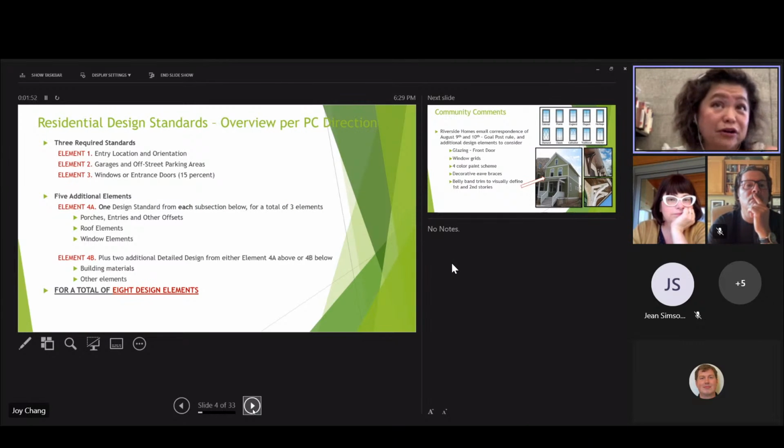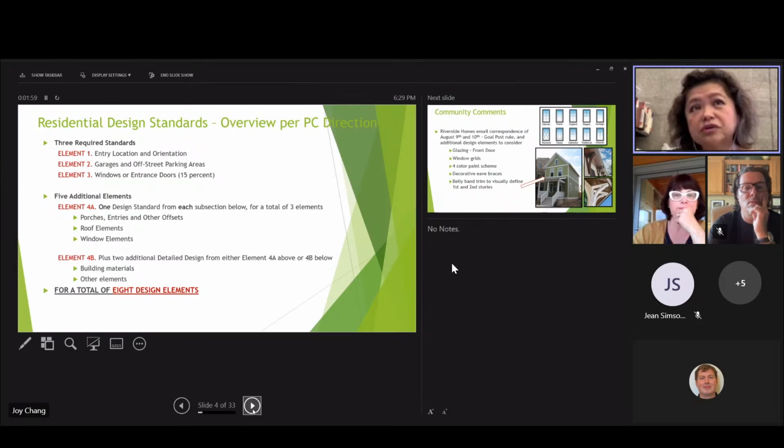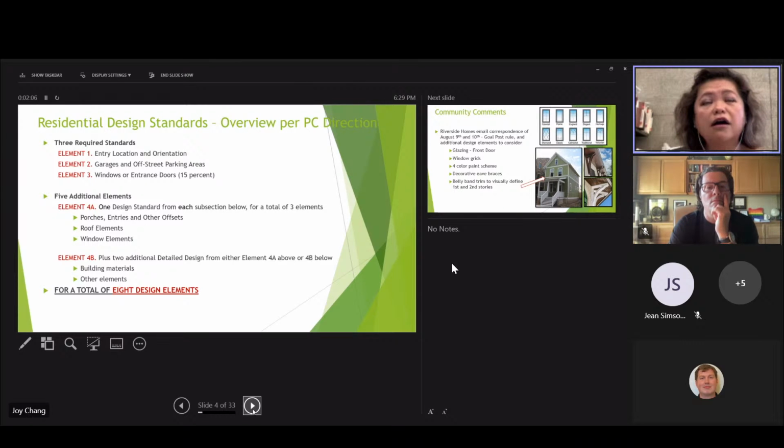So as you can see here, the way that it is currently laid out, there are 3 required elements, elements 1, 2, and 3: entry location, garage and off-street parking, and window or entrance doors. Then there's 5 additional elements that would be required. In element 4A, there needs to be 1 design element from each subsection: 1 element from porches, 1 from roof, 1 from windows.